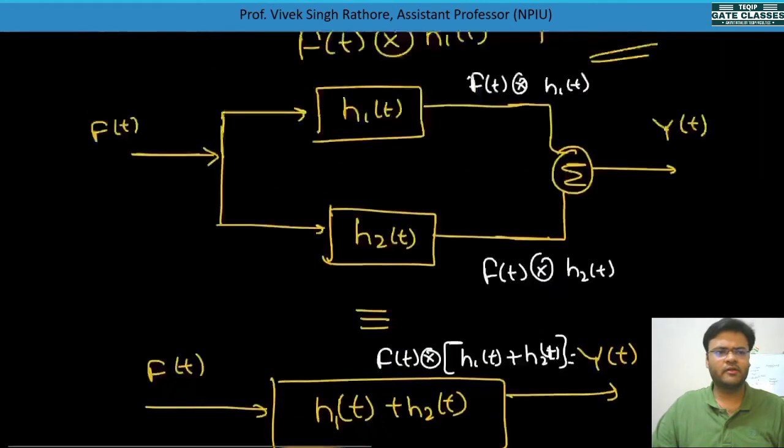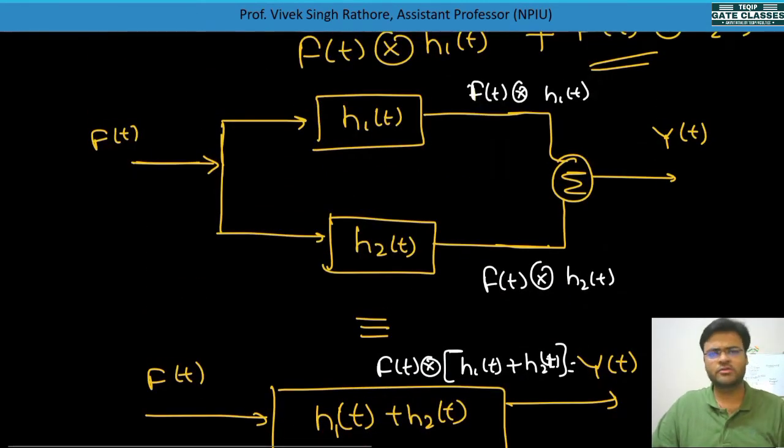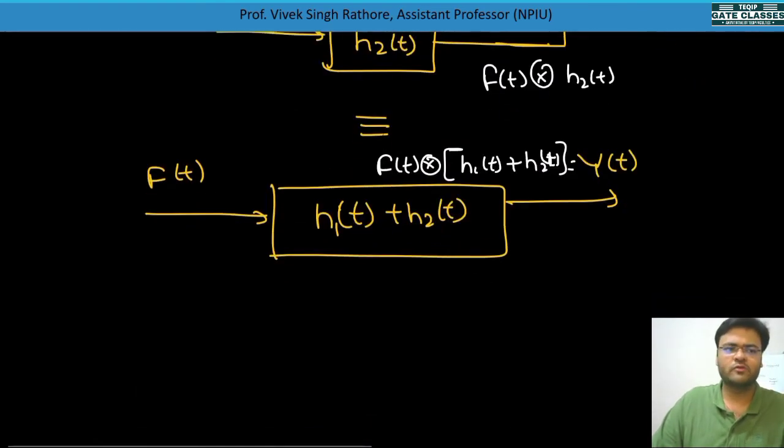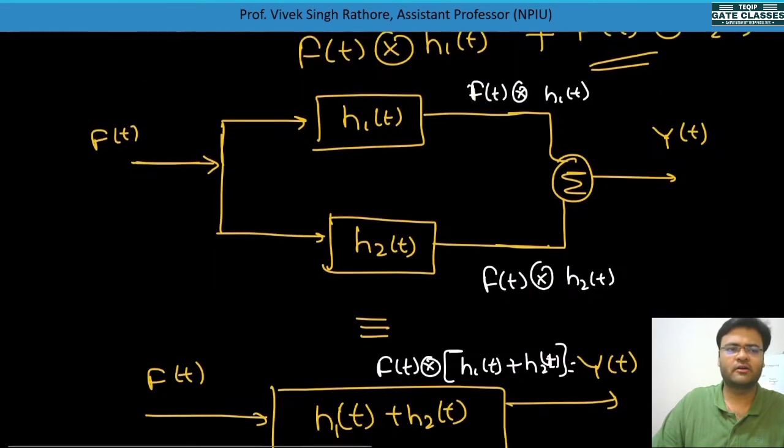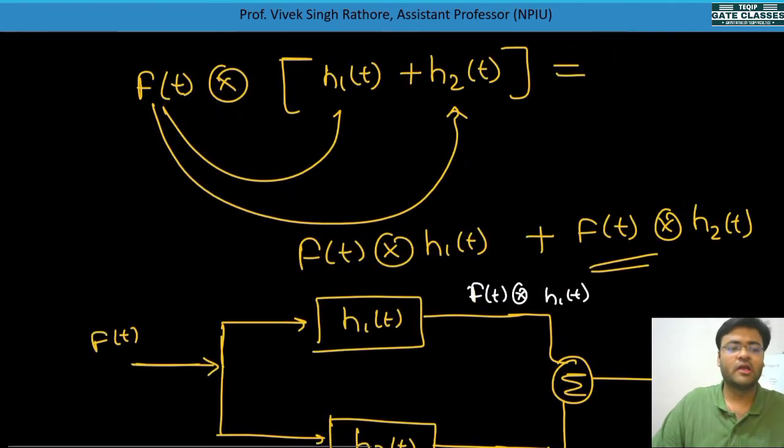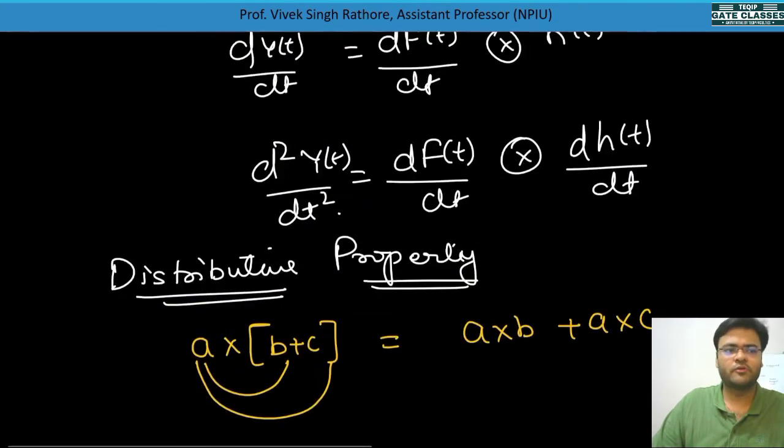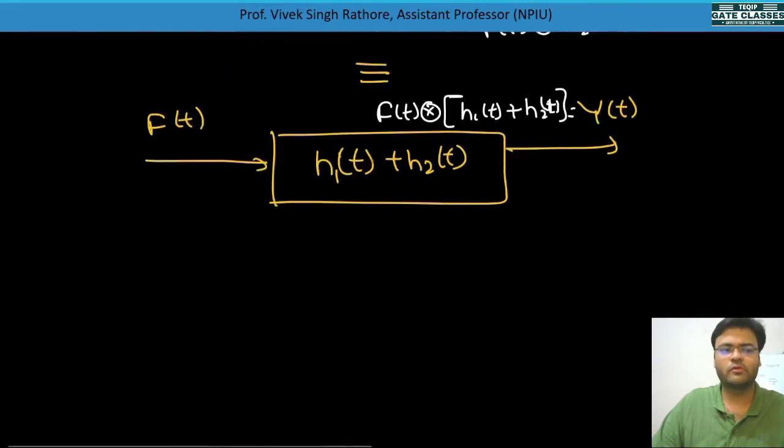By this property you can solve many block diagrams in control systems also. You must have solved many. When two blocks are in parallel, we can add them. This is the reason why we do it, because our LTI system follows the distributive property.